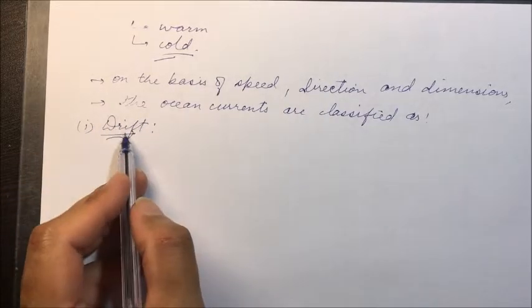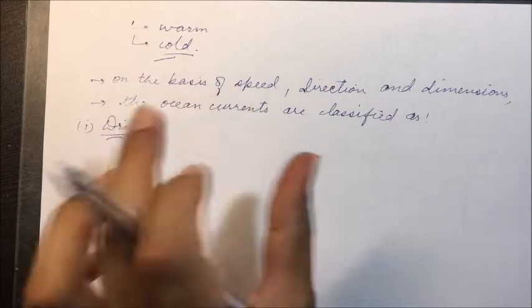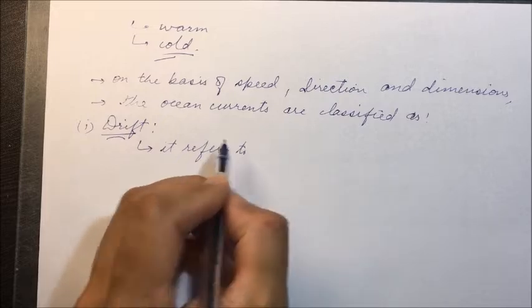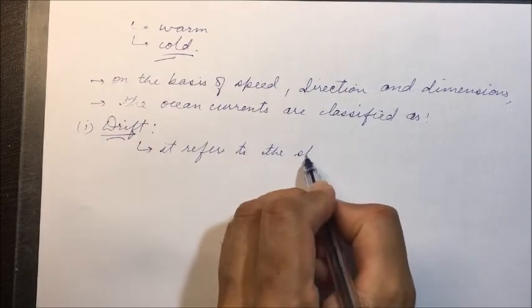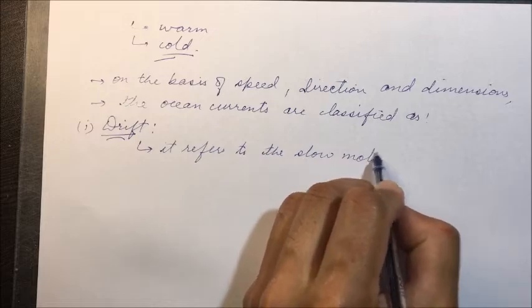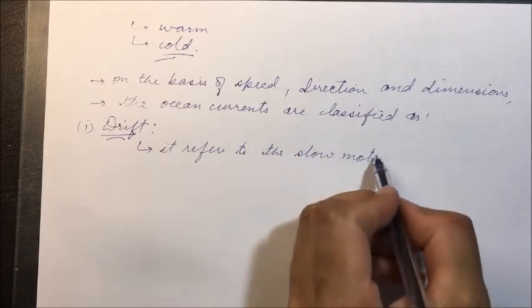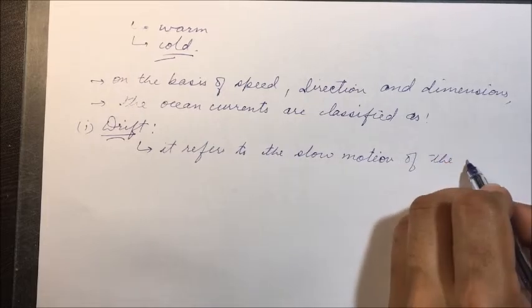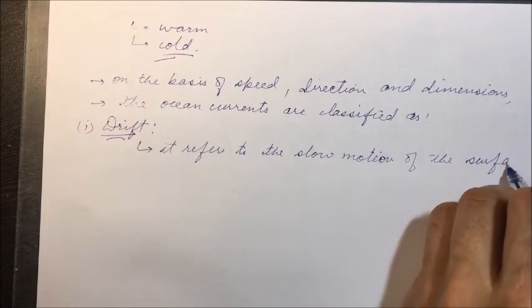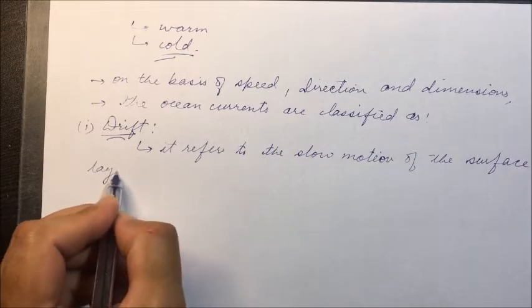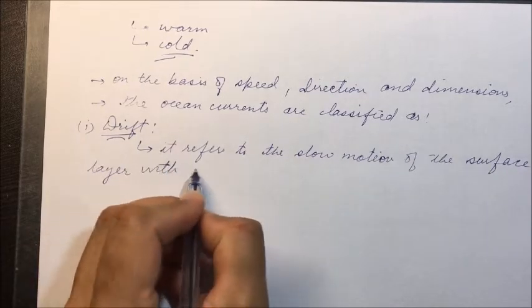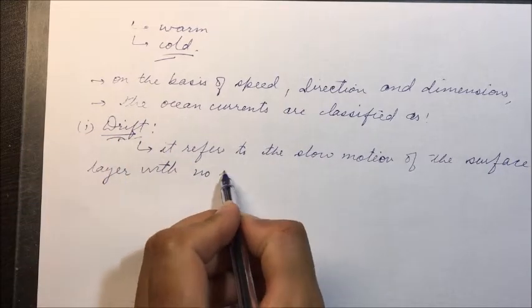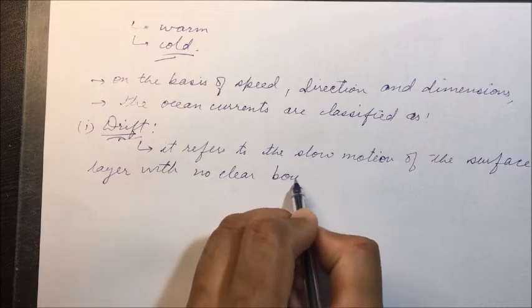First I am discussing drift. Drift refers to the slow motion of the surface layer of water, with no clear boundaries.